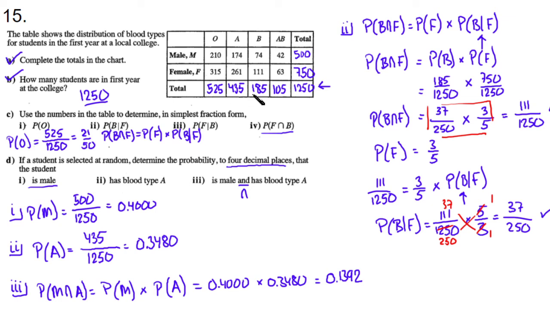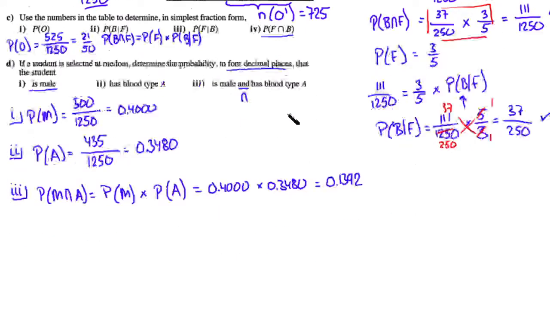The number of students that do not have blood type O, well, it's going to be, if we add up these three numbers. So this here is going to be the number of elements in the complement to O. Okay, so this is set notation. If we add up these numbers, we're going to get 725. So there are 725 students that do not have blood type O. Okay, so we're going to use that here.